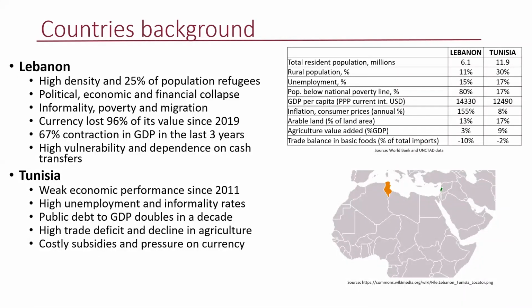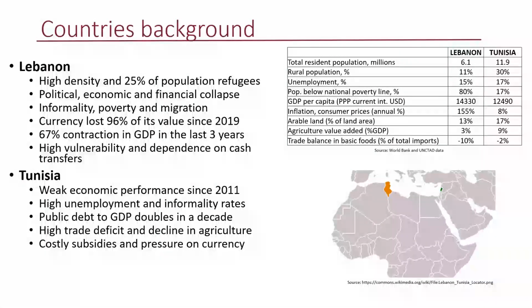The country has witnessed lately a political, economic, and financial collapse, which has amplified informality levels. Almost 80 to 85% of the labor market is in the informal sector. It has affected poverty rates, which have skyrocketed from a pre-crisis rate of about 35% to a current poverty incidence of 80% below the national poverty line.